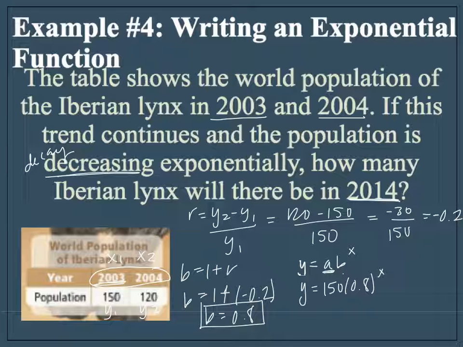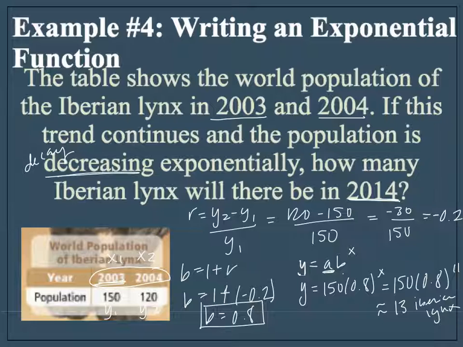So to figure out what that is, we will have 150 times 0.8 to the 11th power. If you type all of that into your calculator, you're going to get about 13 Iberian lynx left, if it stays at that same constant rate of about 0.8, or actually a decrease of 20%.